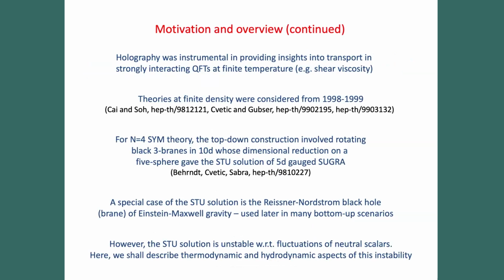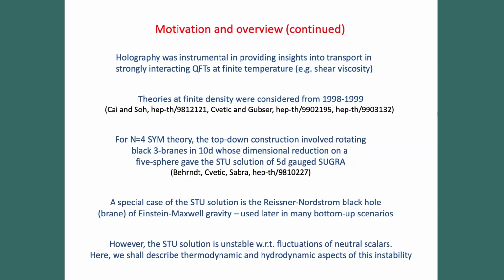The typical top-down construction for N=4 supersymmetric Yang-Mills at finite density involves rotating black branes. If you have a collection of black branes which are not rotating, but are non-extremal, you have finite temperature. If you start rotation in 10-dimensional space, then you can introduce chemical potential by going from 10 dimensions to 5 dimensions by reducing on the 5-sphere.